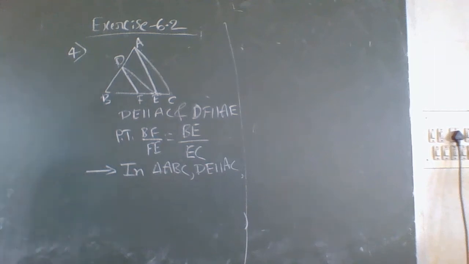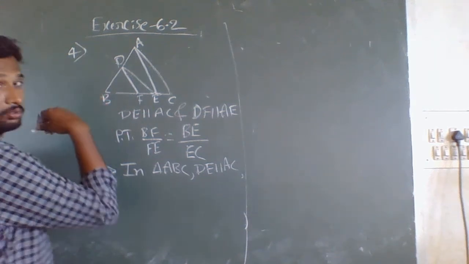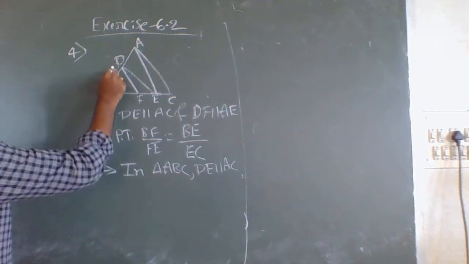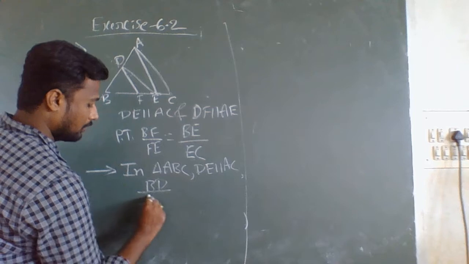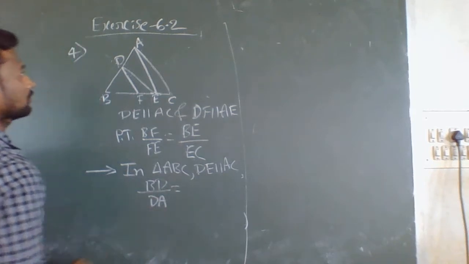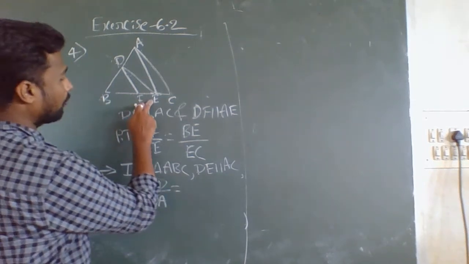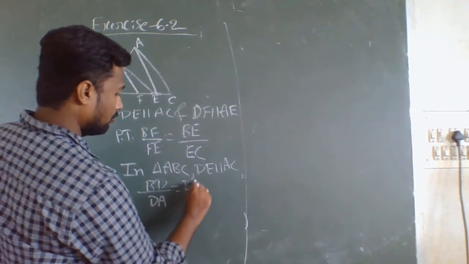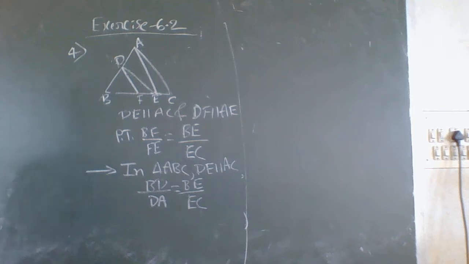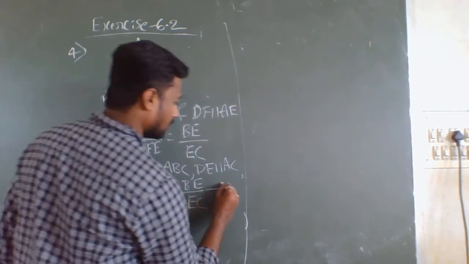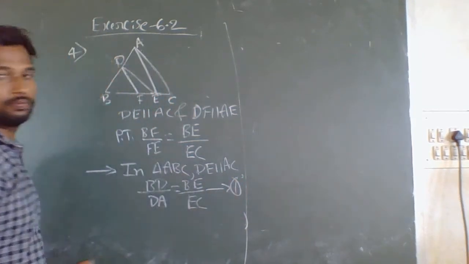So if DE is parallel to AC, then by using the first theorem, theorem 6.1, we can write BD by DA is equal to BE by EC. This I will consider as 1.